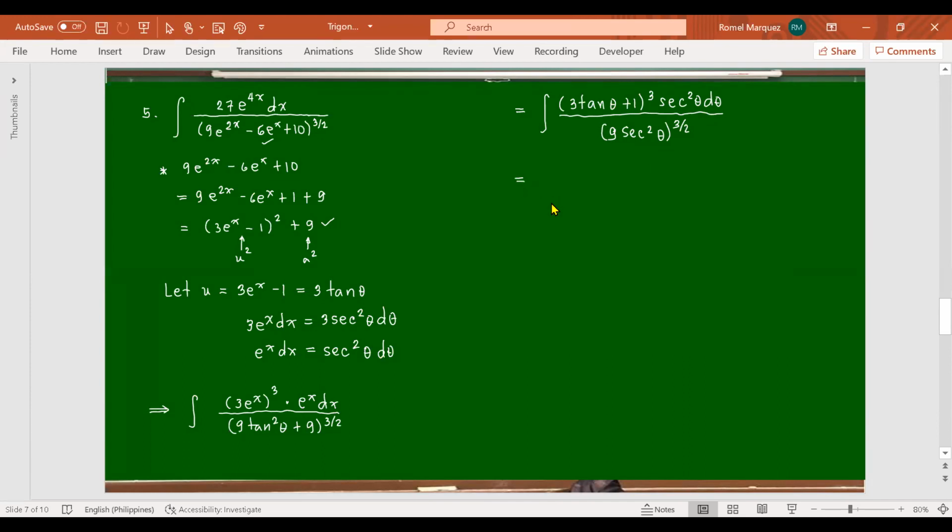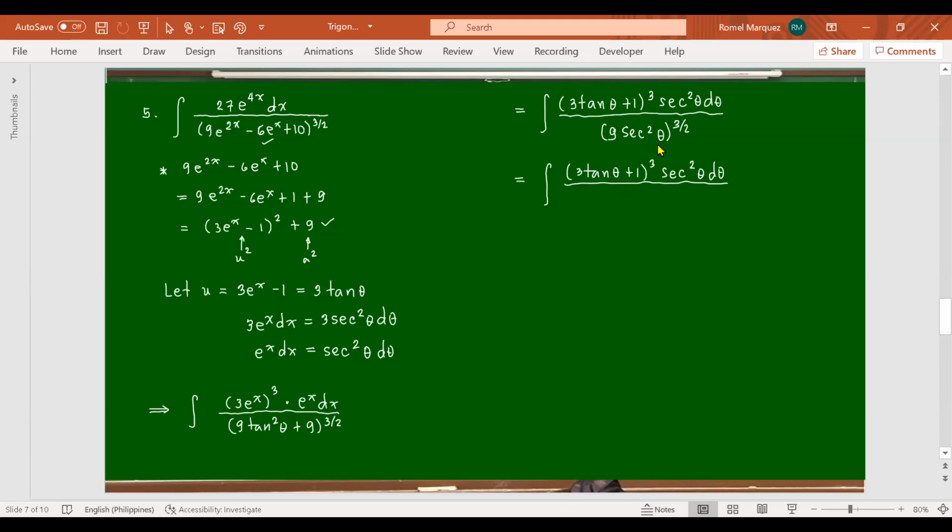Getting, guys, the integral of 3 tangent. I have to take note of these things that we're doing, because this is what you're going to have: secant squared theta, and you're going to do this also. All over, what is the square root of 9 secant squared?